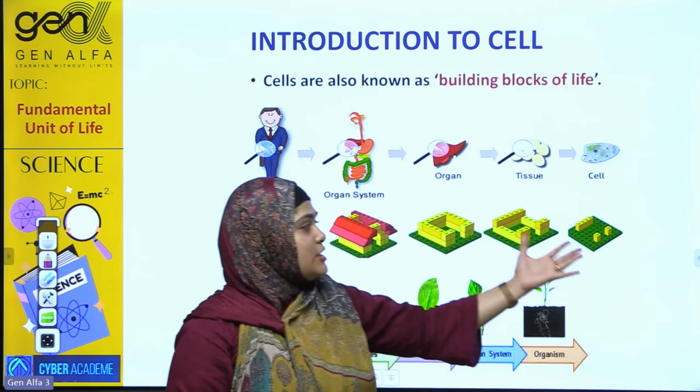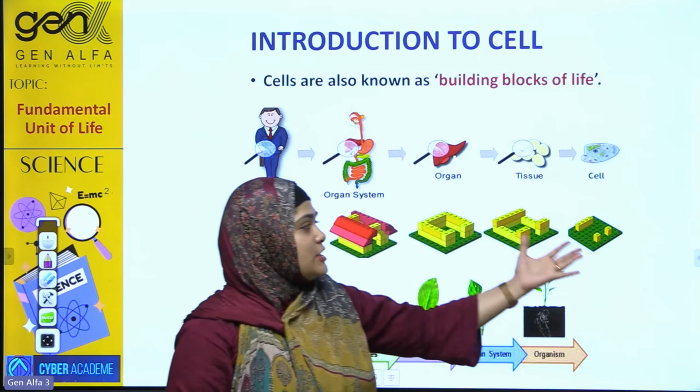Next, characteristics of cell, that is cells use energy, metabolism, and maintain balance, that is homeostasis. Yes, of course, cells use energy, and this energy is used to perform different life functions. What happens in metabolism? Metabolism is basically certain kinds of reactions which take place inside the body to produce energy.